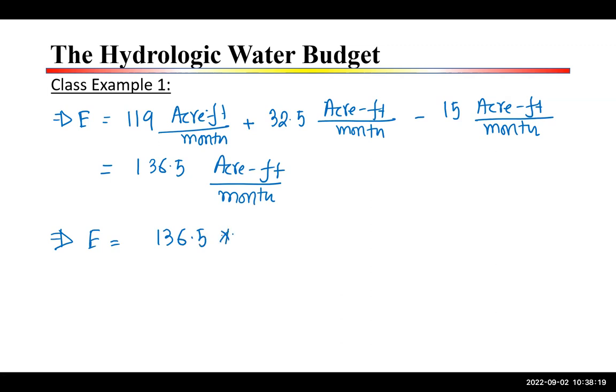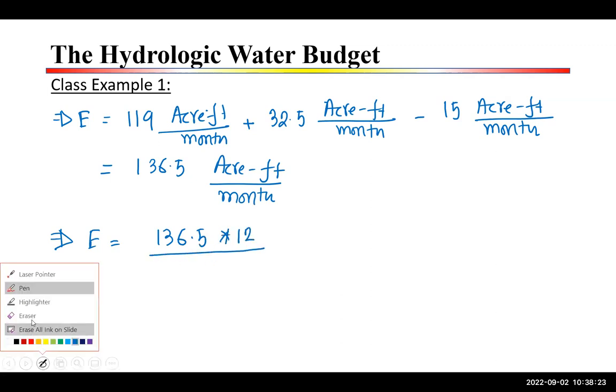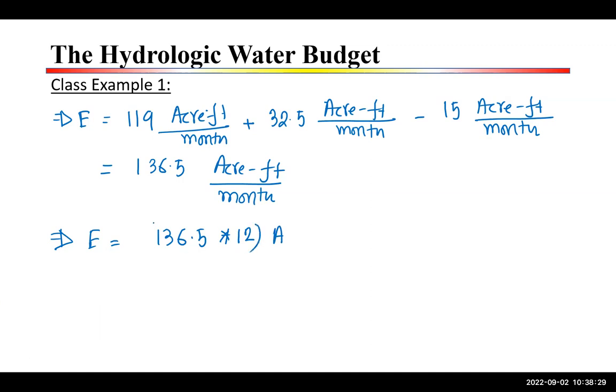So 136 divided by 12. Oops, I don't need this one. Acre inch per month. Now, what will we do about this acre? We don't need acre. Divide by the control volume. That's the exact thing we will do.